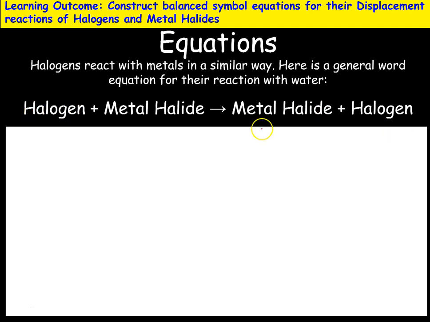So just a generic example of one of these reactions, and these are really simple because they're always the same. So if I start with chlorine, okay, and that is in solution, so it's AQ, okay, and I react that with, for example, it doesn't really matter what the metal is, but if we just do sodium, and we'll go for sodium bromide, again, that is in solution, so AQ.